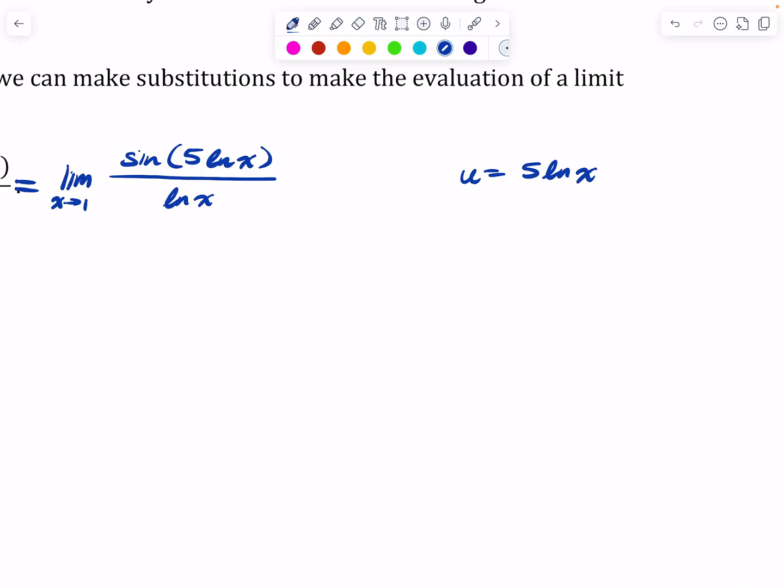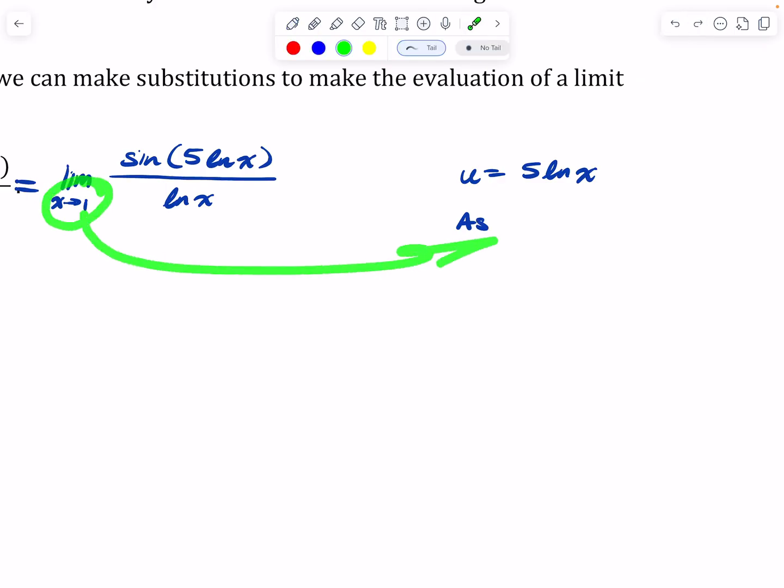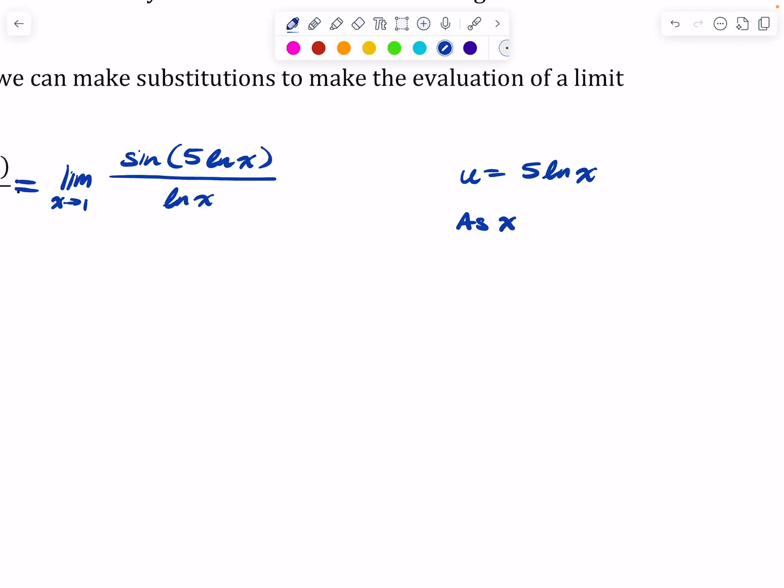And the thing I'm going to note is that as x approaches 1, u is going to be approaching 5 ln 1.